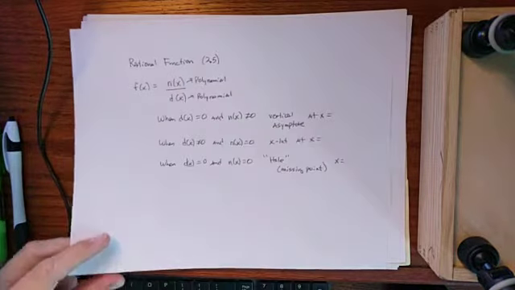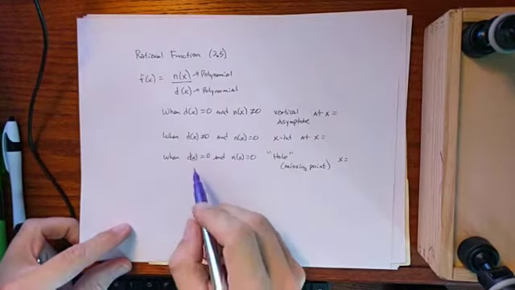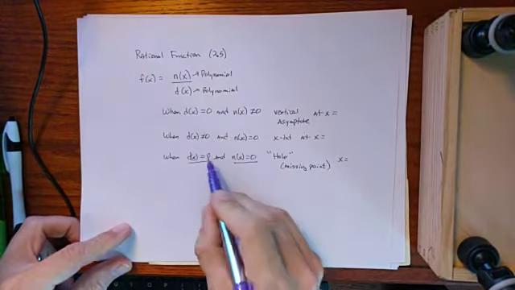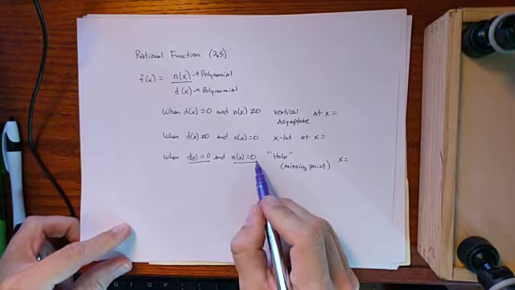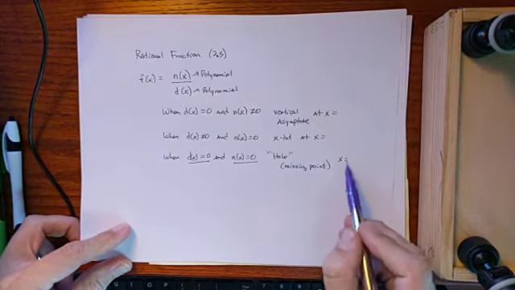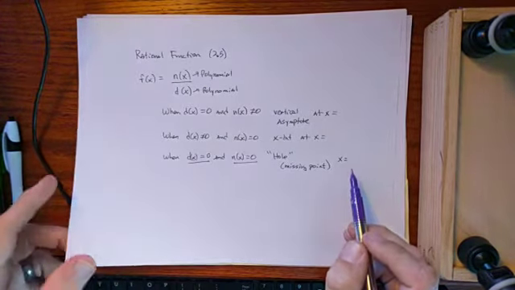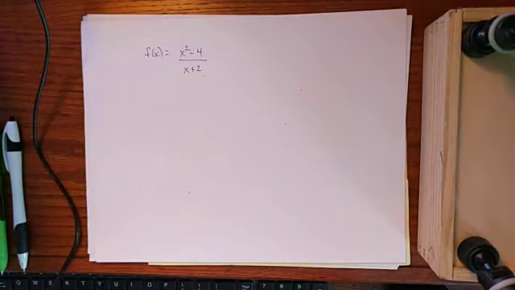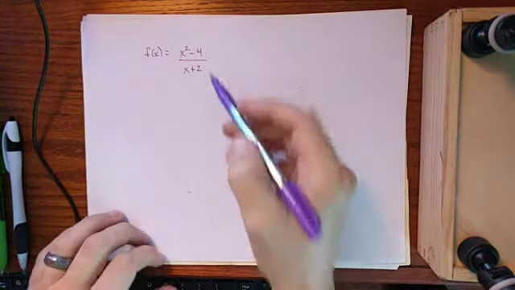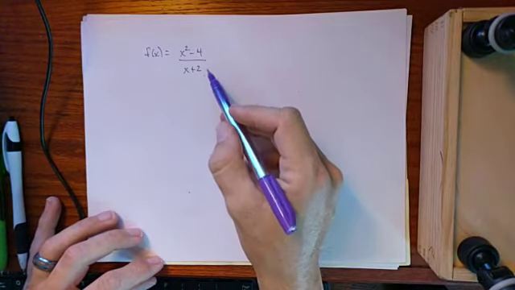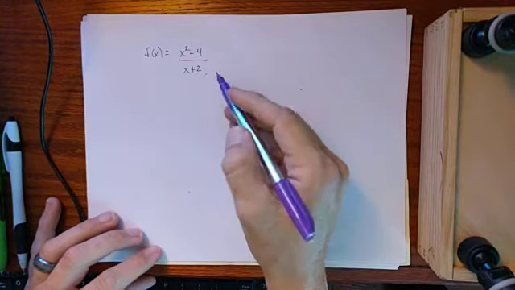Remember from last week's video that if both the denominator and the numerator are both 0 at the same time, you get a hole in the graph, right? You get a hole at a certain x value, and I'll show you what that graph looks like. We're actually going to draw the graph using the hole. So the way to deal with these kinds of functions is to find the zeros of the numerator and the zeros of the denominator.